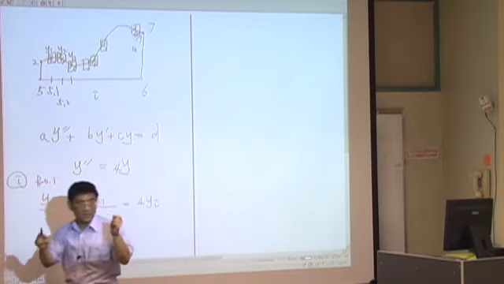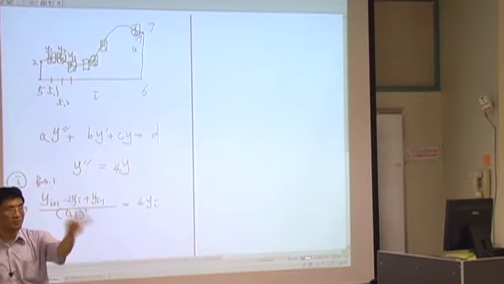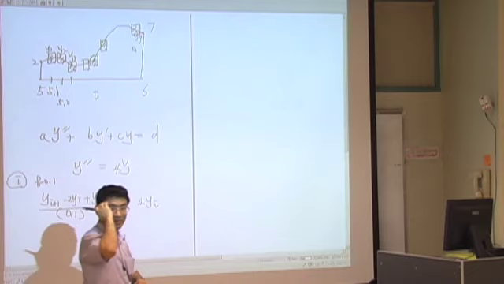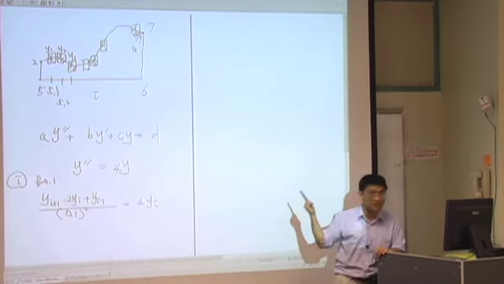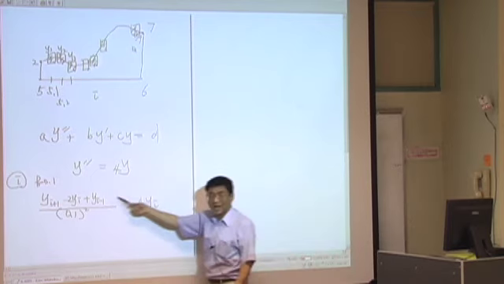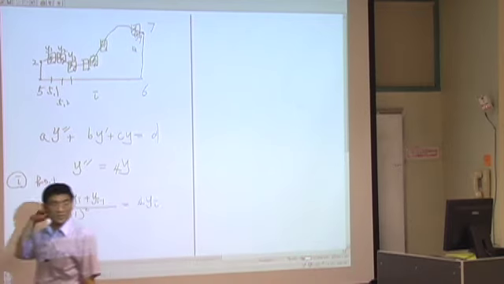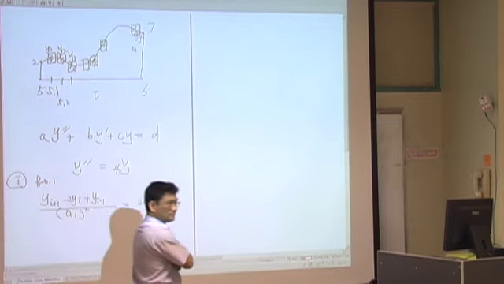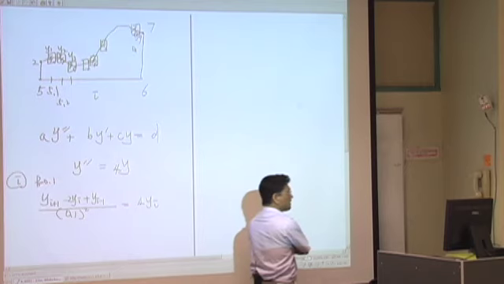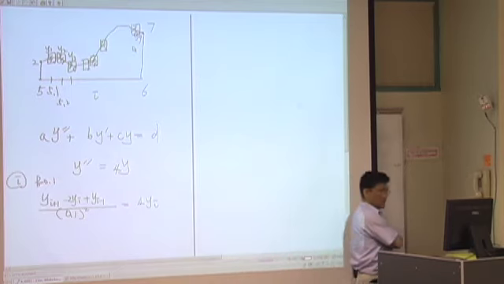Total 9 boxes, right? i equal to 1 box, i equal to 2 boxes, 3 boxes, up to 9 boxes. So we are solving 9 equations or 9 boxes for 9 unknowns. So we are solving this kind of equation for 9 unknowns. So this is the finite difference method for ODE.